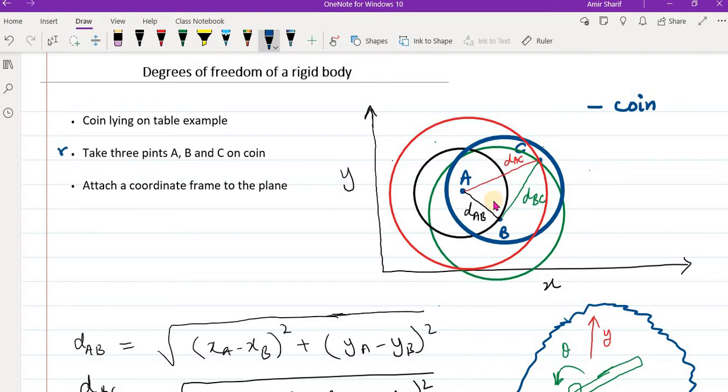So that's why the distance between point A and B will never change, it will always remain constant if we consider the coin as a rigid body.